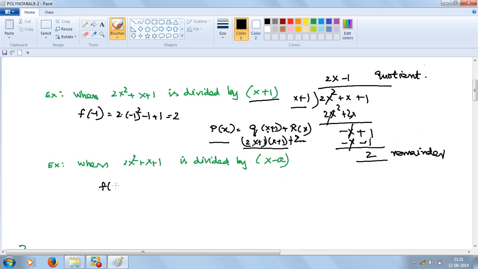Now we have to find f of a, which is equal to 2 multiplied by a square plus a plus 1, that is 2a square plus a plus 1. This is the remainder.